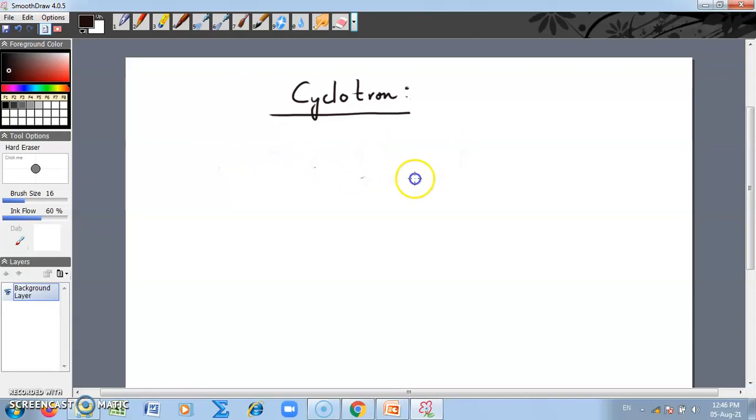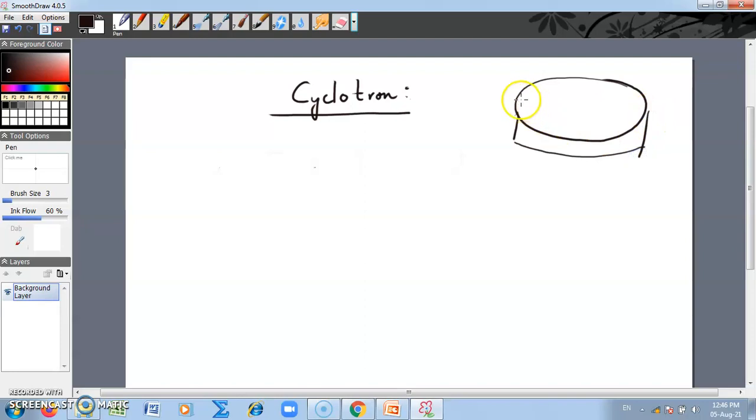In a cyclotron, the particle is accelerated in a cyclic manner using a magnetic field. How this is done is, suppose I have a case like this, a case with a circular cross section, and I cut it. Then what will happen? This too will be of D shape, isn't it?